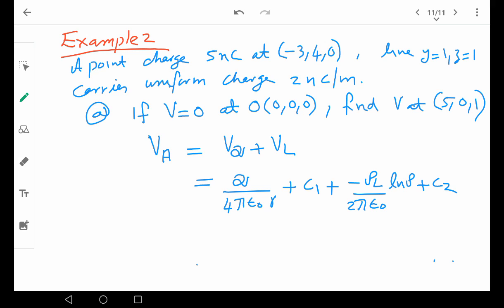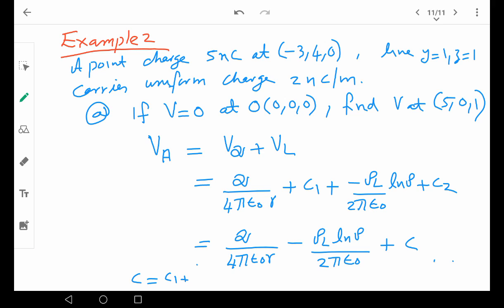You can combine C1 and C2, so you can write it as Q by 4 pi epsilon 0 R minus rho L ln rho by 2 pi epsilon 0 plus C, where C equal to C1 plus C2. That's it. Now we have to find out the different values for this particular case.